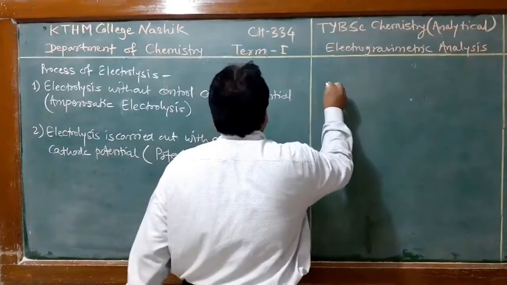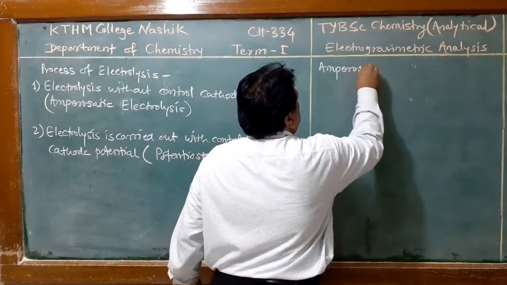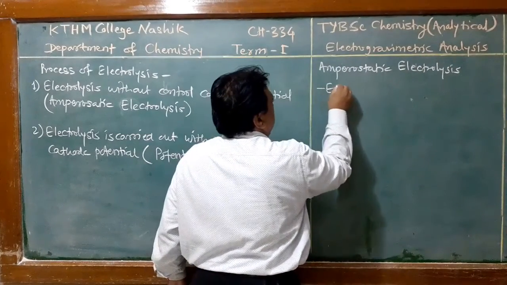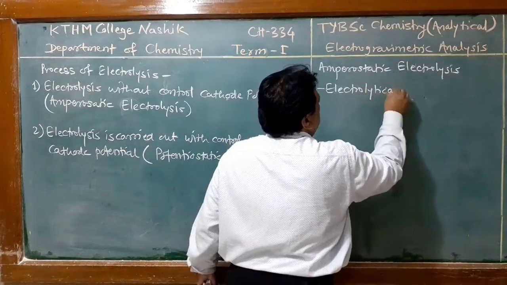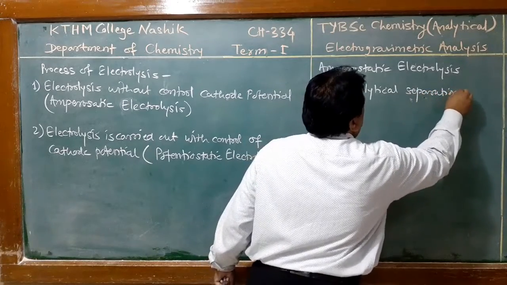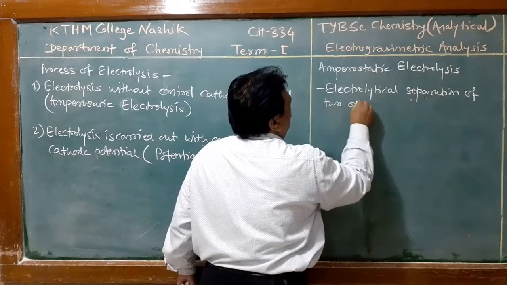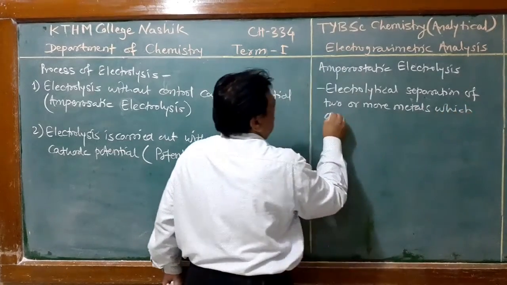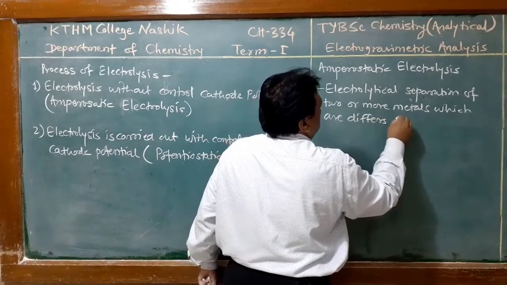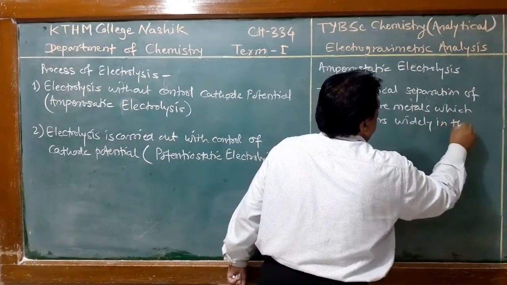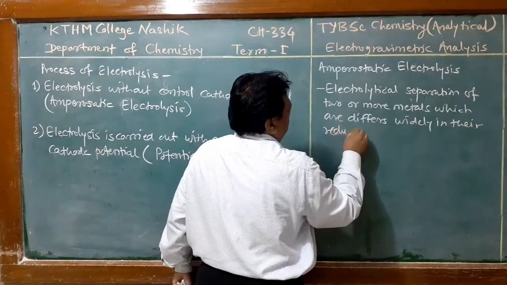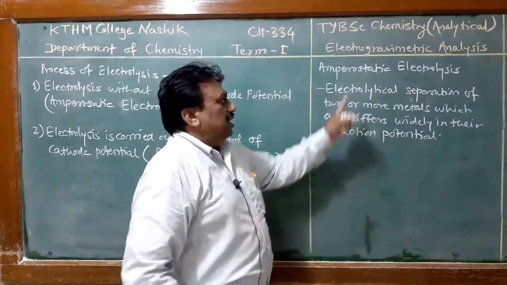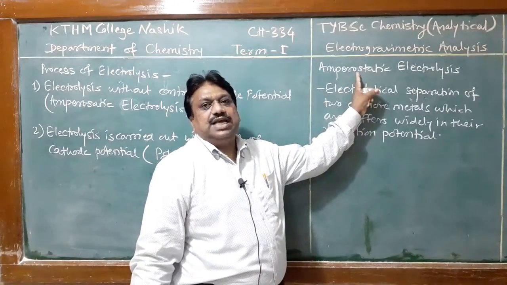Now the first type, amperostatic electrolysis, is used for electrolytic separation of two or more metals which differ widely in their reduction potential, and this type of separation is carried out by increasing the potential, but current is kept constant.